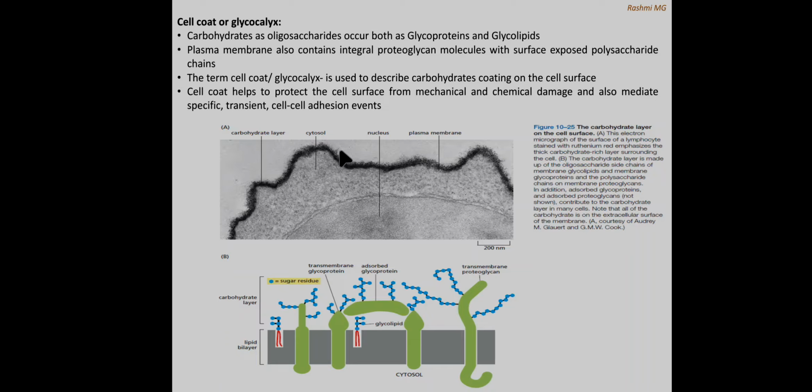This cell coat helps to protect the cell surface from mechanical and chemical damage and also mediates specific transient cell-cell adhesion events. So in all these you can see the addition of carbohydrate or oligosaccharide, which is a function of the ER, where it is N-linked glycosylation.